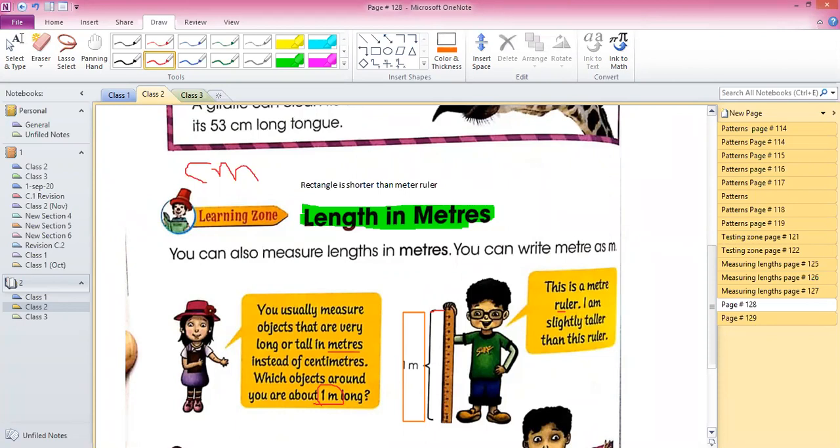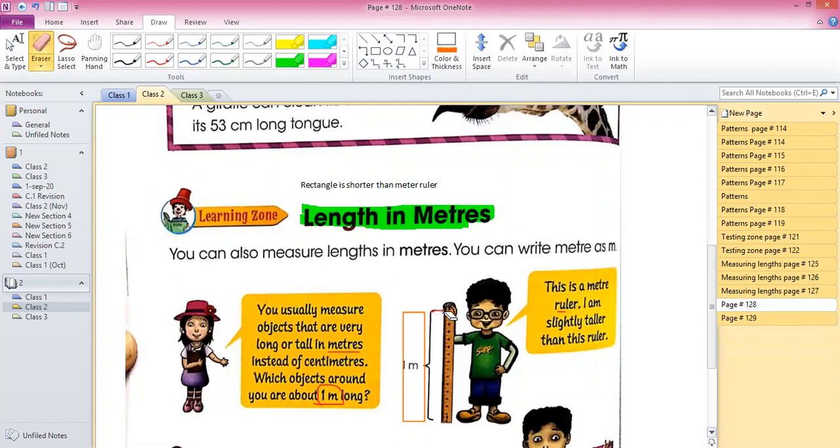So small objects we measure by centimeter ruler, and tall or long objects we measure with the meter ruler. Okay, so now we are going to check how we can use a meter ruler to check the length of any shape, any object, any person.